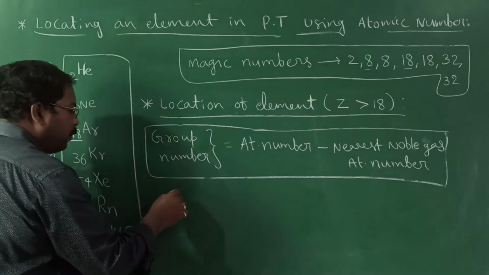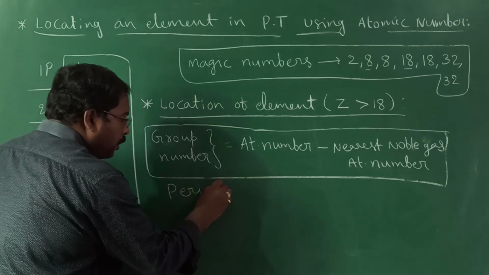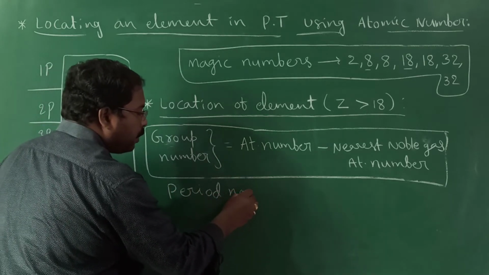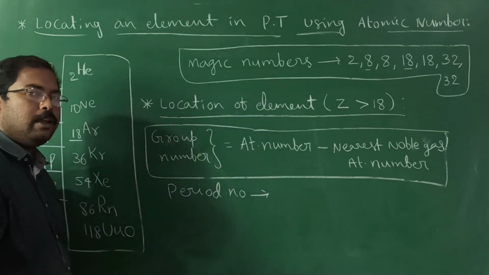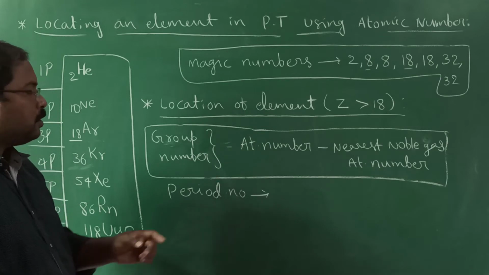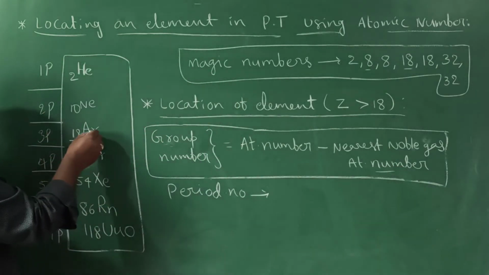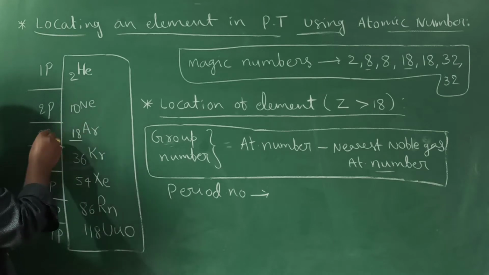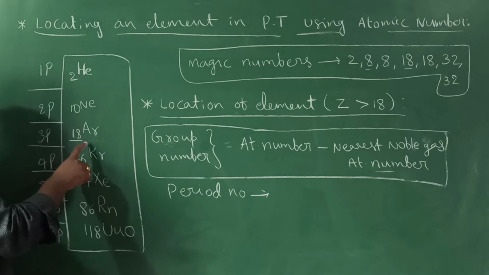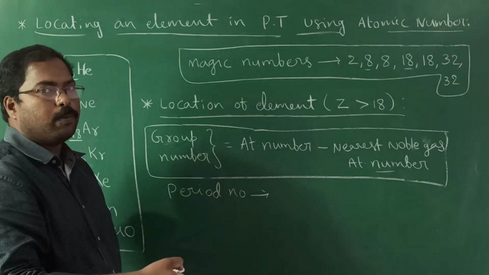Even if you want to get the period number, meaning to which period it belongs, we will come to know from the noble gas. Which period each noble gas belongs to, we already learned. For example, argon belongs to the third period. Because argon is what? The last element of that period. Okay?